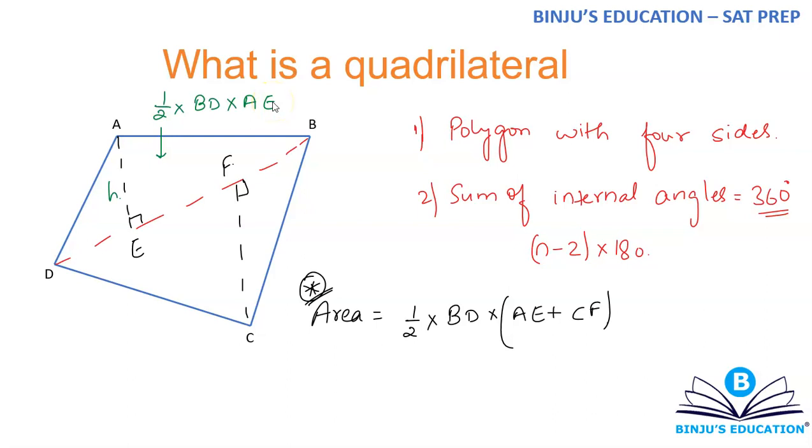Similarly, if you want to calculate the area of triangle BCD, you can do the same thing again. You can consider base to be BD and your height will automatically be CF. So half into BD into CF. Now you can add both of them. So you can take half BD common and it will simply be (AE plus CF) inside the bracket, and this is how you get the area of a quadrilateral.